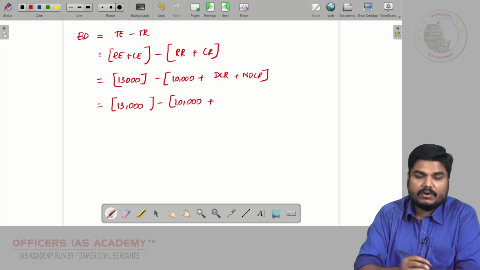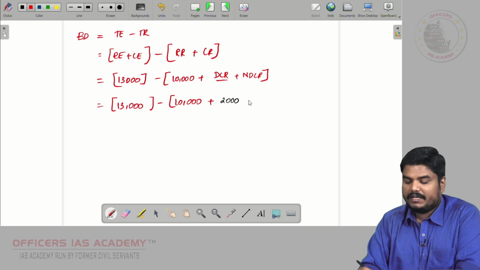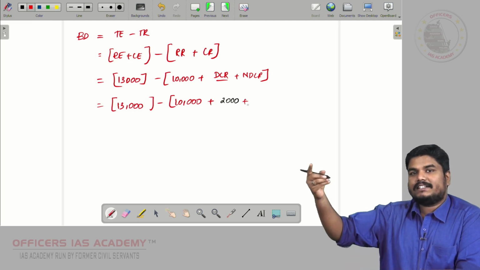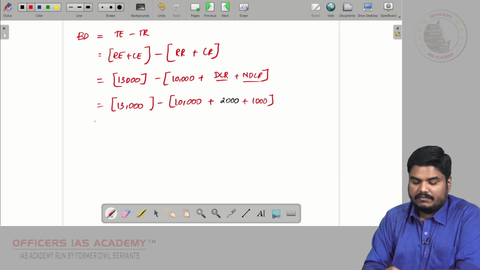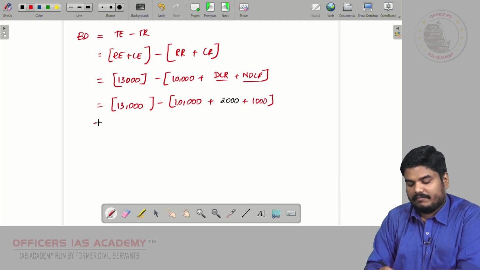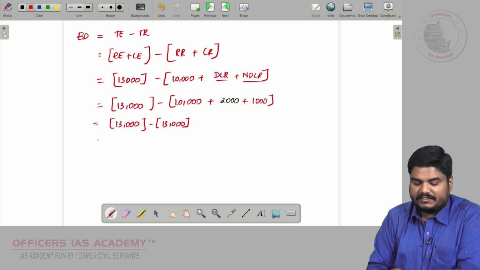How much have I borrowed? I have borrowed 2,000 rupees in the example. Plus by selling my asset, that is not creating any debt, I have 1,000 rupees. So 13,000 minus 13,000, I get 0. So budget deficit is 0.